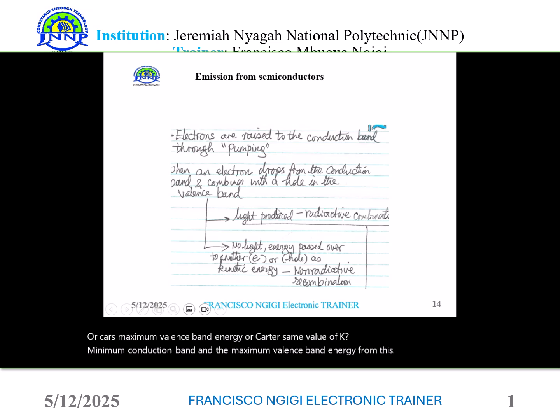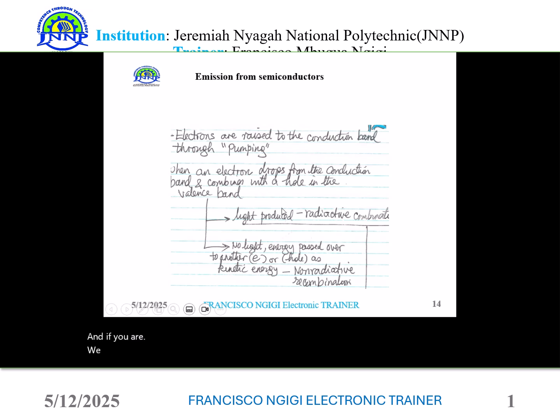Electrons are pumped to the conduction band through pumping as a process. If we explore more on fiber in a different unit, then this material will be very helpful to you.